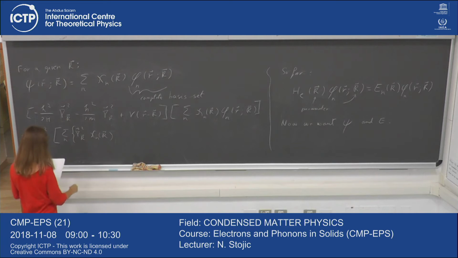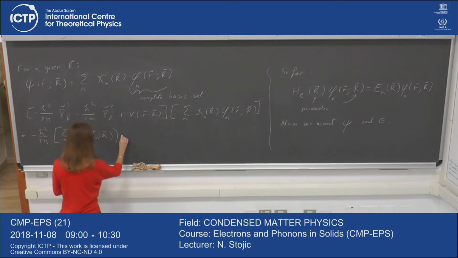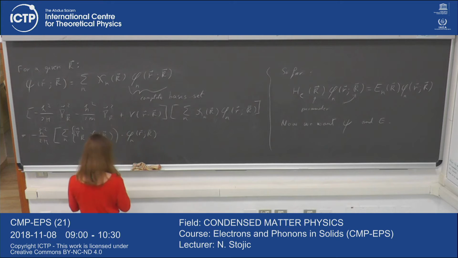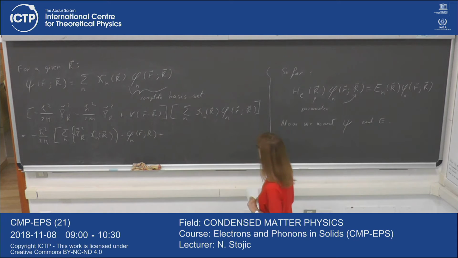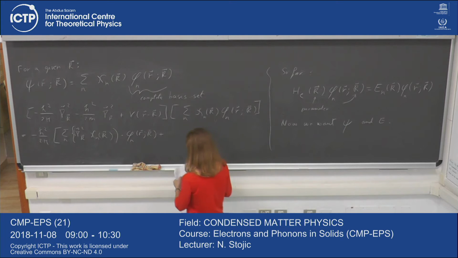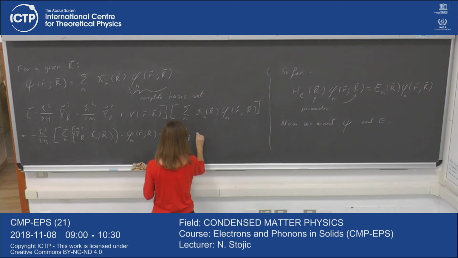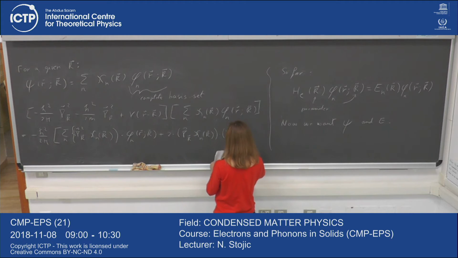This gives me the double derivative on Cn times Cn, and then I get 2 times the derivative of the first wave function times the derivative of the second wave function, so 2 times the gradient with respect to capital R of Cn of R times the gradient with respect to the nucleus position on the second wave function here.